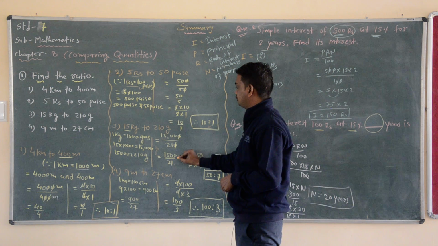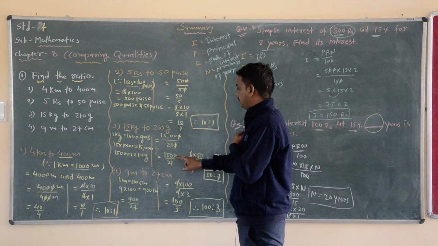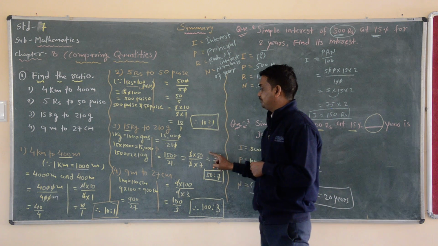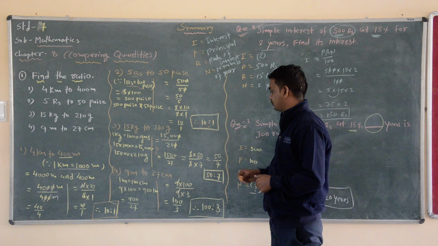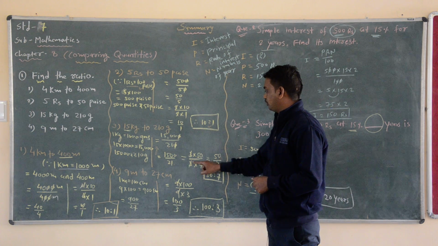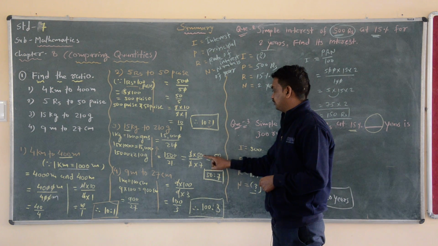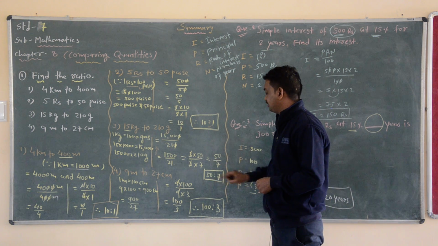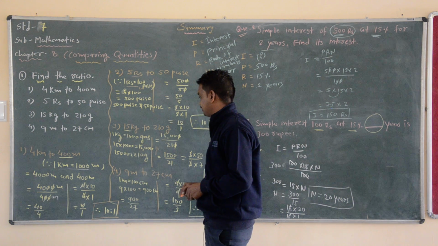Cut the zeros, and finally we get 1500 upon 21. The factor of 1500 is 3 multiplied by 500, and the factor of 21 is 3 multiplied by 7. The same number cancels, so we get 500 upon 7. Finally, the ratio of this sum is 500:7.